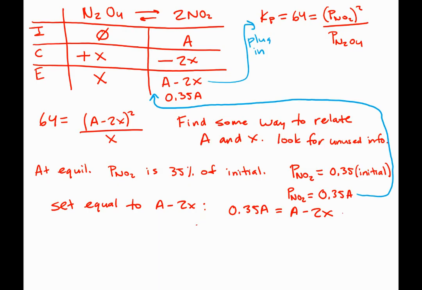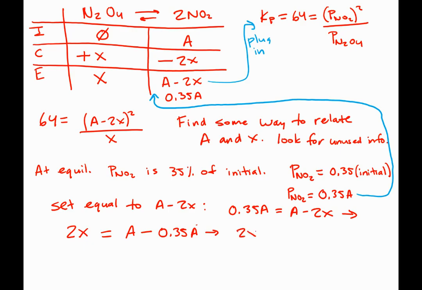So what I'll do is solve this expression in the form x equals blah, blah, blah, because when I do that, I'll be able to get x out. To isolate and solve for x, I'm going to first add the 2x to both sides, so I get 2x on the left, and then subtract the 0.35A from both sides. So I have an A that's already present on the right-hand side, and subtracting the 0.35A moves it over there.